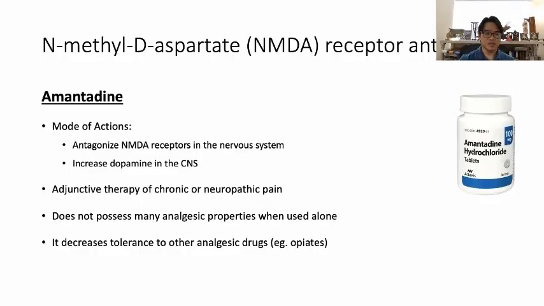We use it as adjunct therapy, combining with NSAIDs, gabapentin, and opioids, so that we can control chronic pain better. By combining the medications, especially with opioids, it has been found that it may be able to decrease tolerance to the medications.